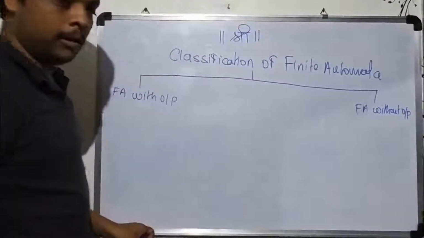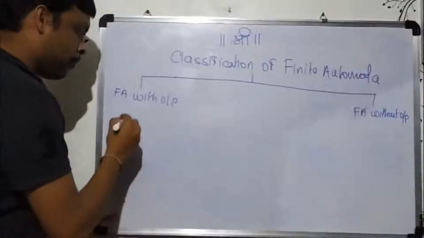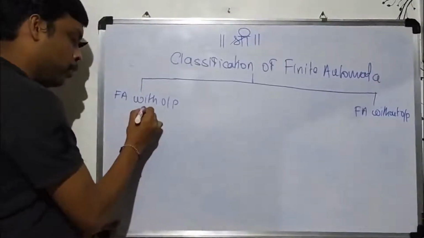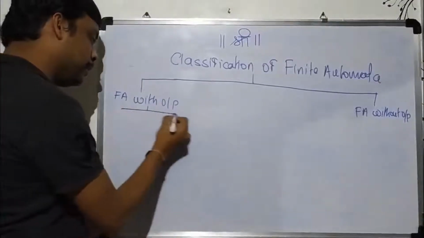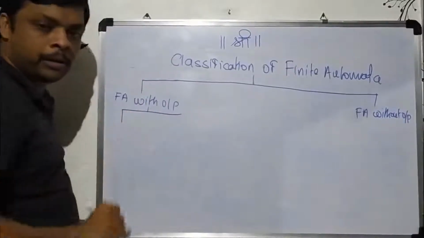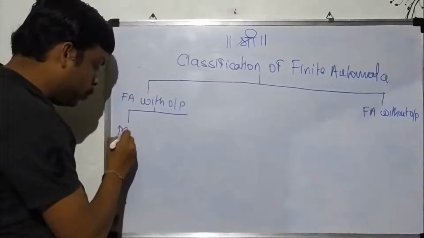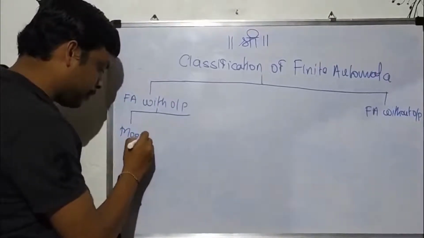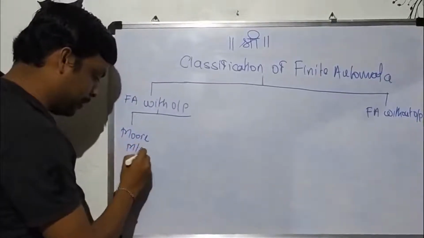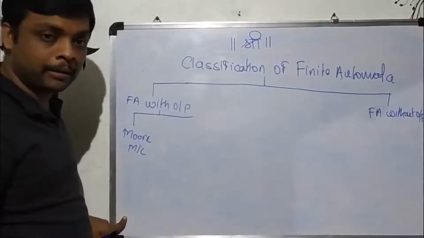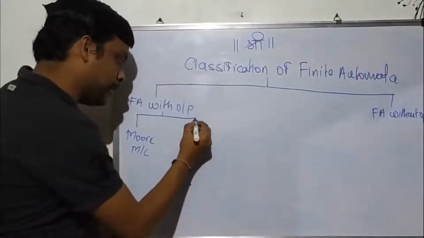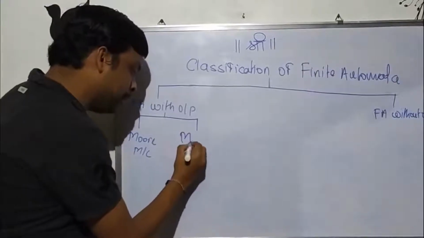Then this finite automata with output is further divided into two different types. First type is Moore machine, and second type is Mealy machine.